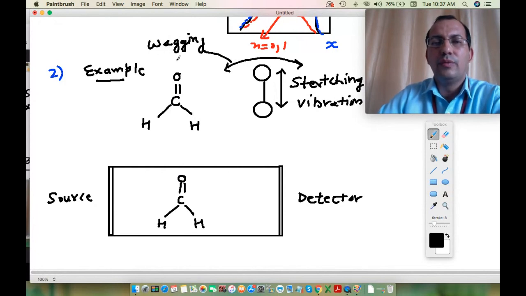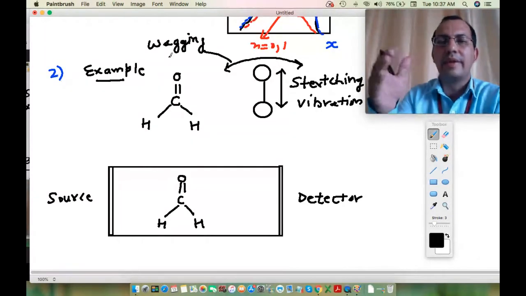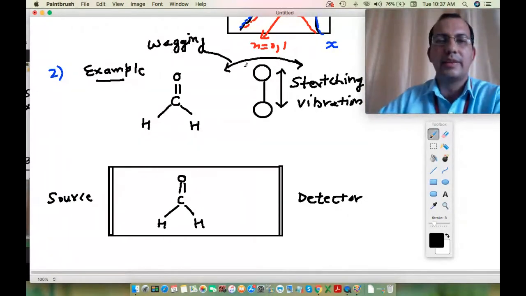When you want to feed them, if you love them, then this dog will try to express his or her love to the owner by moving his or her tail. So wagging means that it will move the tail to show the love to the owner. And in the same way, your molecule can also do that, wagging. That is the second term, which is known as wagging.